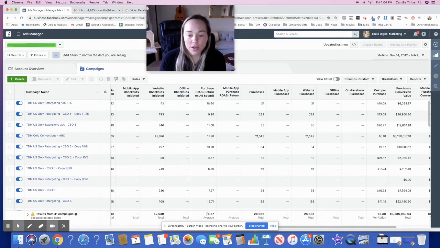And speaking of which, this ROAS will really be directly impacted by what you have going on the site. So if most people tend to spend $50 or $100 per order, then you're bringing in more money overall.